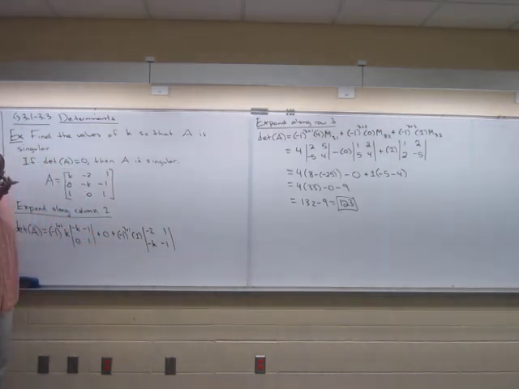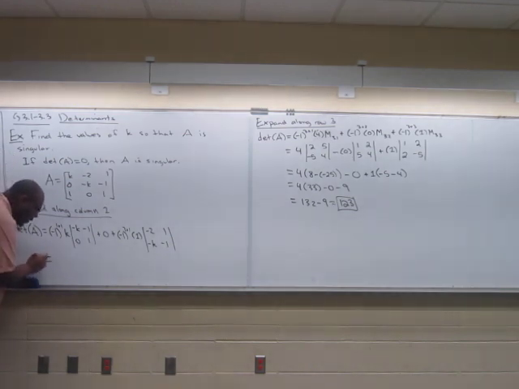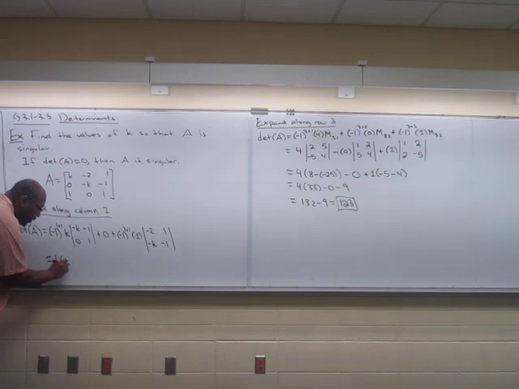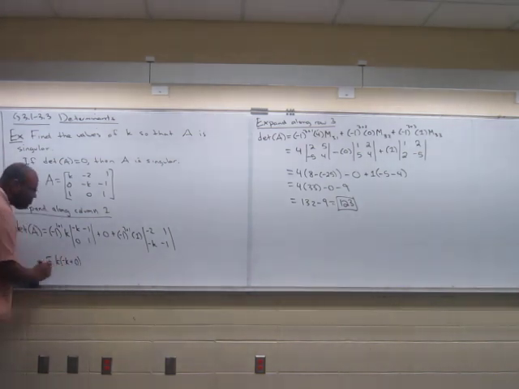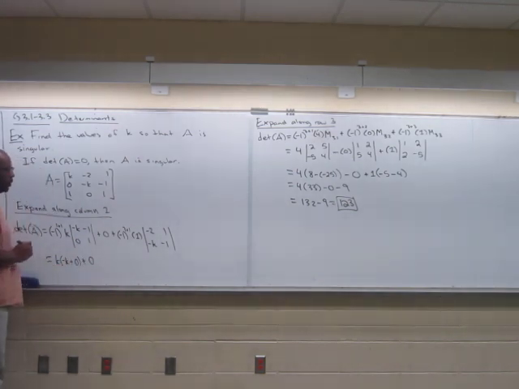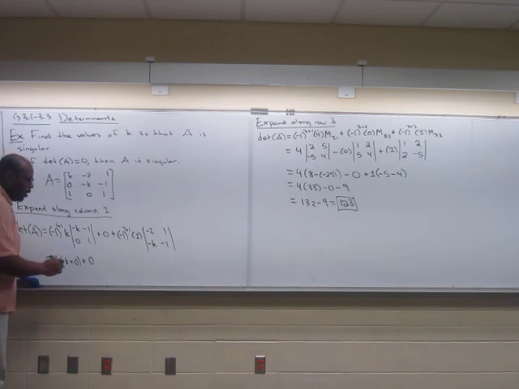So far so good, I hope, right? And then let's just plug in here. This is positive, right? So this is K times, let's see if I do this right, negative K minus or plus a 0, plus 0. I think I did that right.